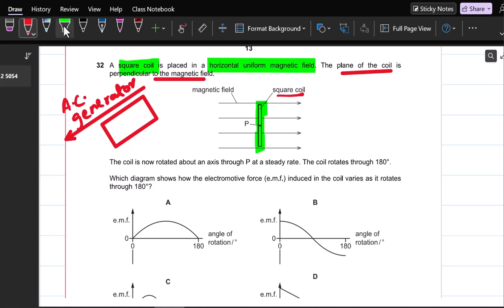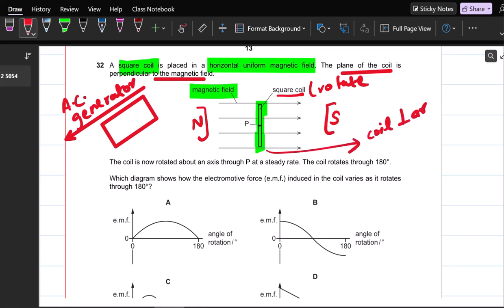If you see the magnetic field is indicating that north is here and south is here on the right side. And this square coil will rotate. At the moment, this coil is perpendicular. And when the coil is perpendicular, it means field lines will not cut the coil. फील्ड लाइंस जो है वो इसमें से पास कर जाएंगी कॉइल में से.